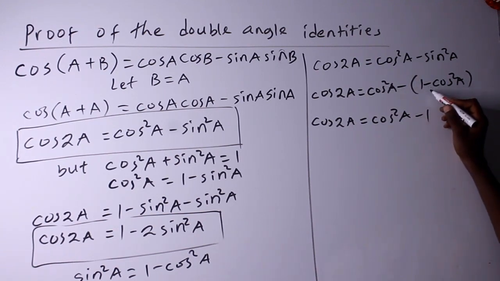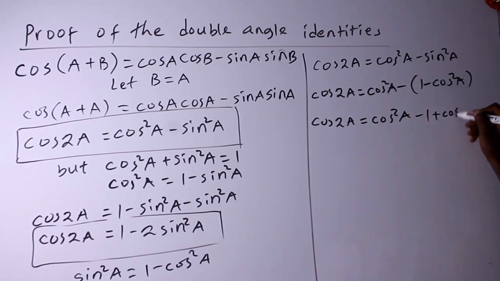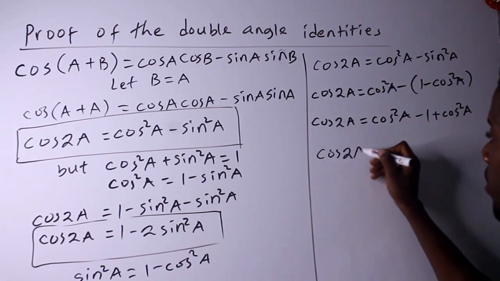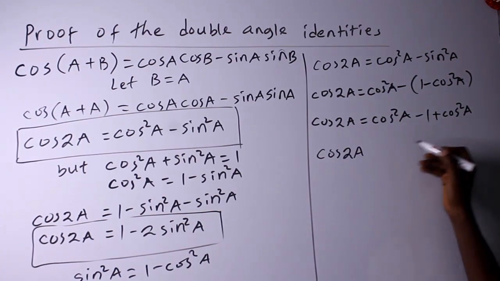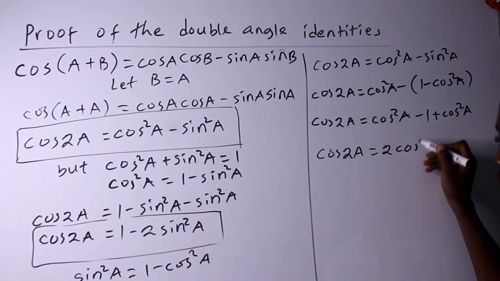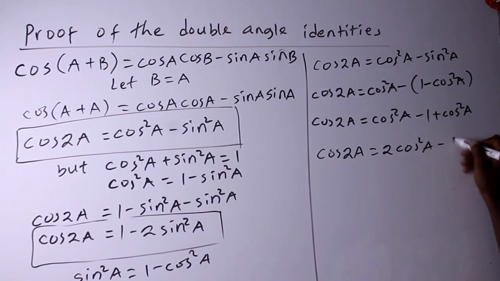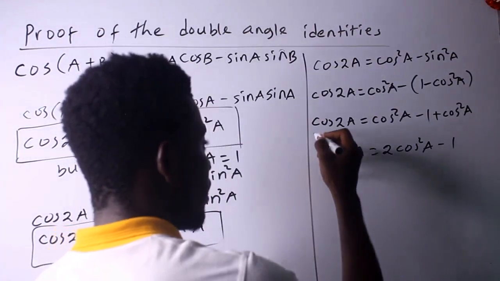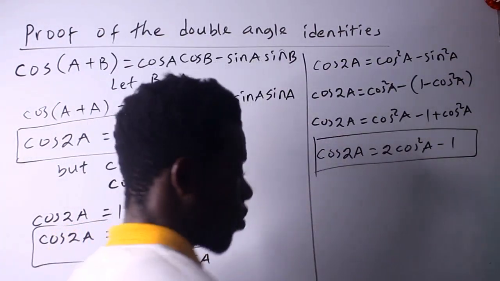Negative 1 times negative cos squared A is positive cos squared A. So if I simplify this side, I'll be adding cos squared A plus cos squared A. That's 2 cos squared A, and then I'll have minus 1. Now, this is another identity for cos 2A.